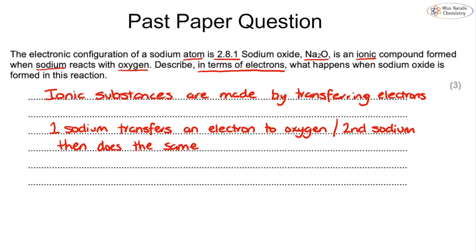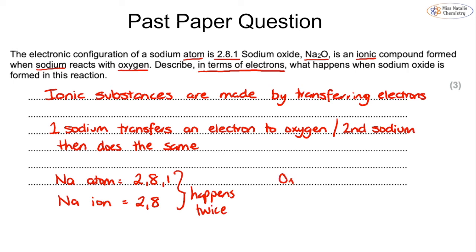So we've got two sodium atoms, each transferring one of their outer electrons to that oxygen atom to make it into an oxygen ion. So we have our sodium atom going from 2,8,1 to a sodium ion, which is 2,8, and this happens twice.